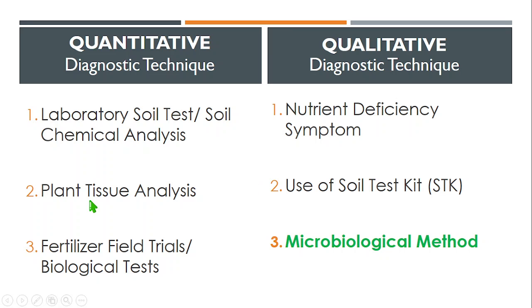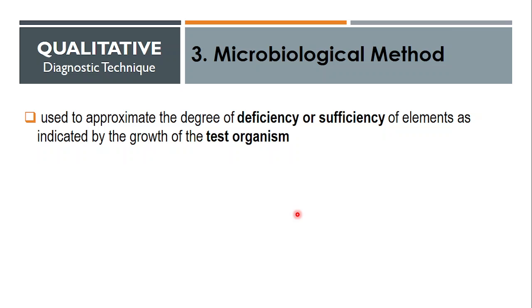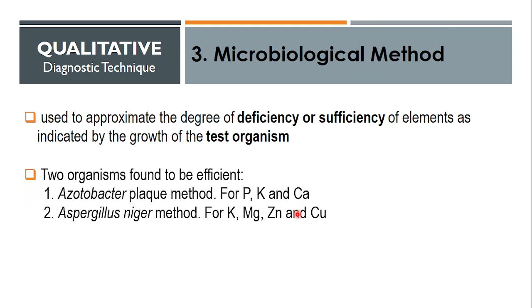The last one now is microbiological method. This method is used to approximate the degree of deficiency or sufficiency of elements as indicated by the growth of the pest organism. Ito naman, gumagamit dito ng microorganisms. Okay, so two organisms are found to be efficient.